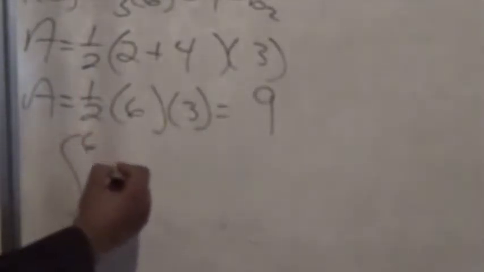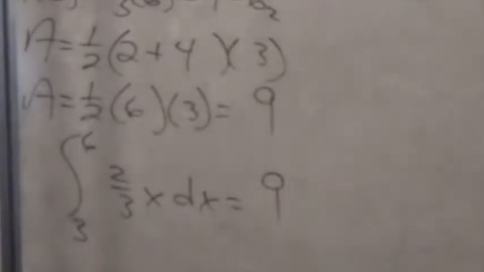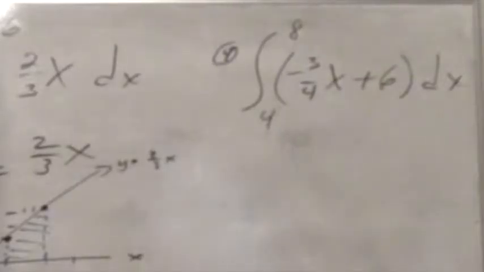So we conclude that the integral from 3 to 6 of the function 2/3 x dx will be 9.